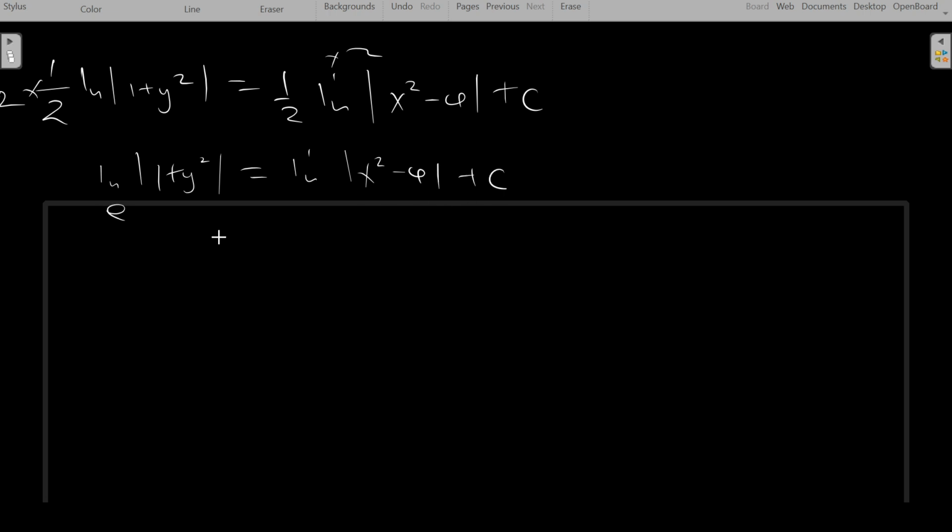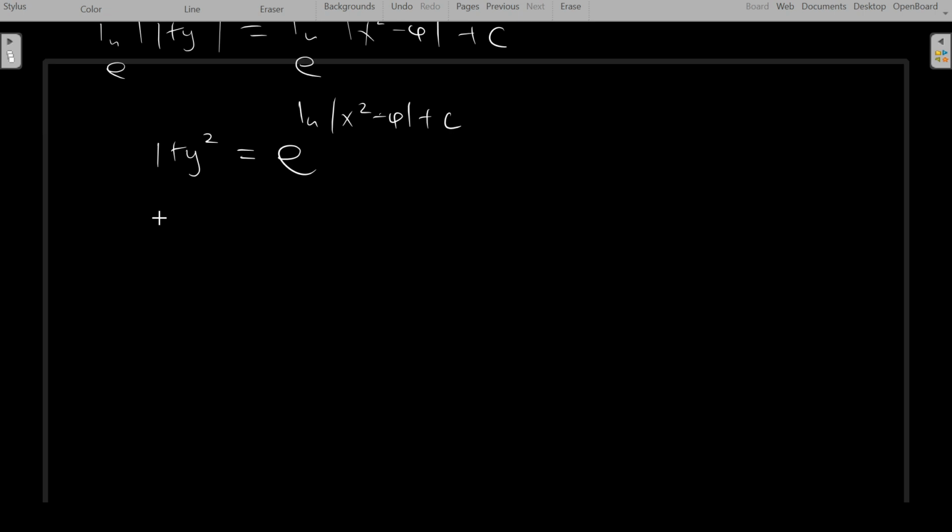Taking the exponential of both sides, for us to get rid of ln, I'm saying 1 plus y squared should equal e to the ln of x squared minus 4 plus a constant c, which I can multiply, because it's addition, by e raised to c.